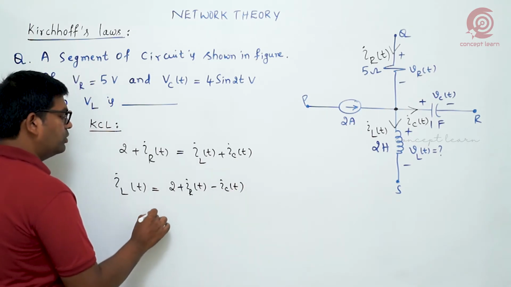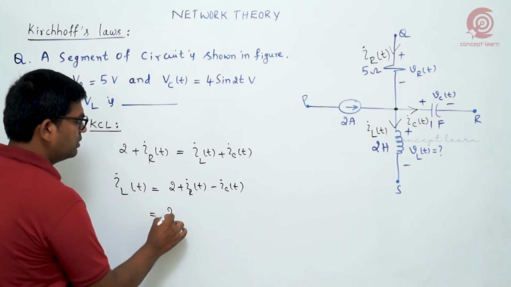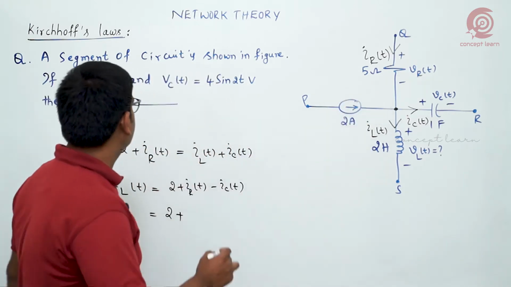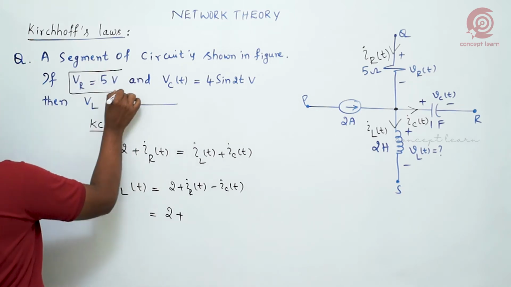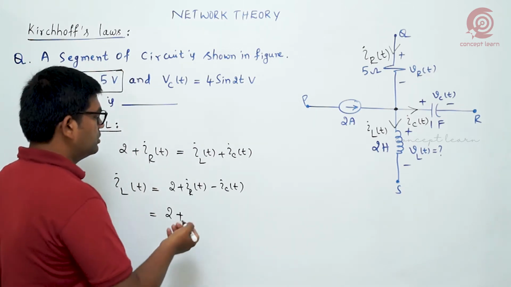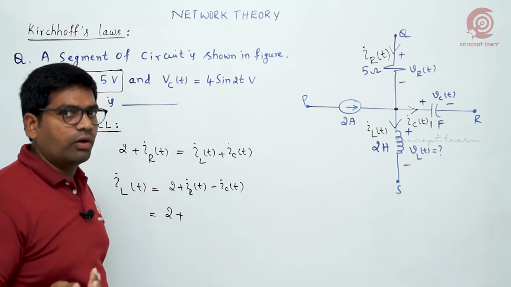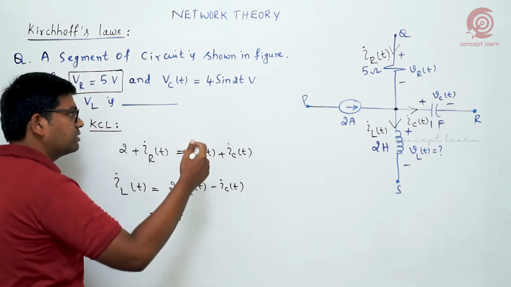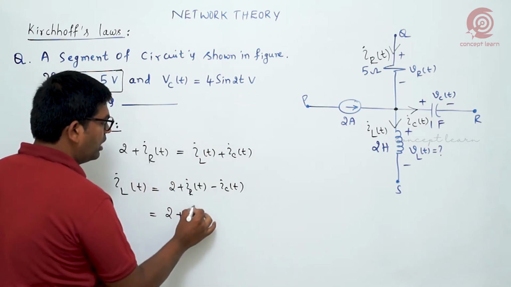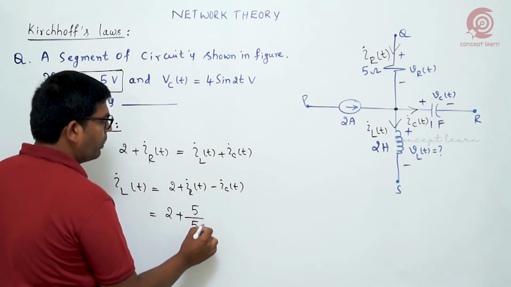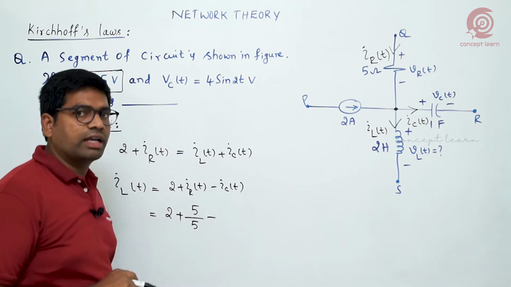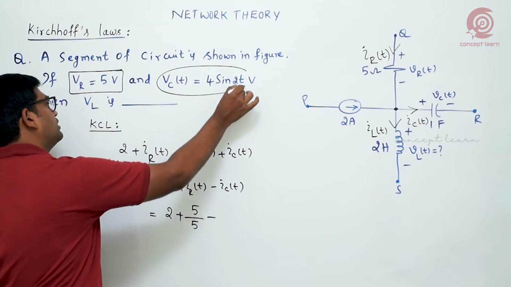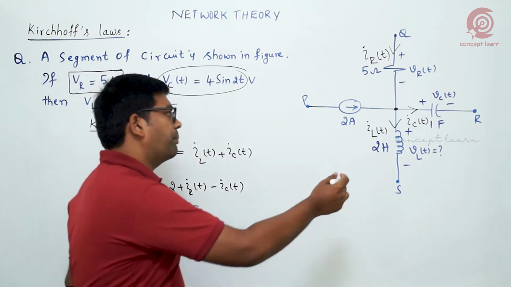But how to find the resistor current? For the resistor current, the resistance value is there as well as the voltage across the resistance, 5 volts. So by using Ohm's law, V by R, voltage across the resistance by resistance value, means 5 by 5 we get, minus. How to find the capacitor current? We have the capacitor voltage and the capacitance value.